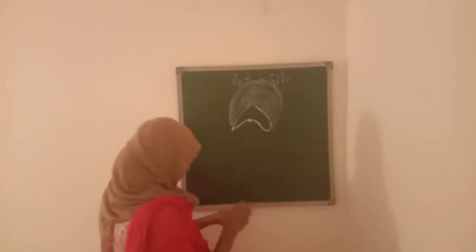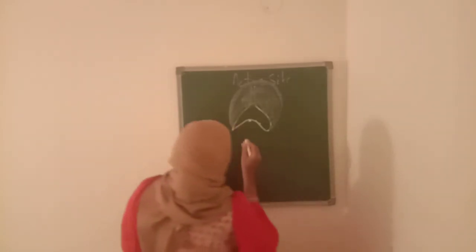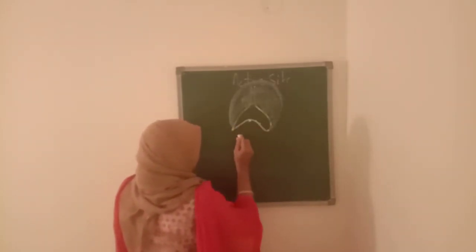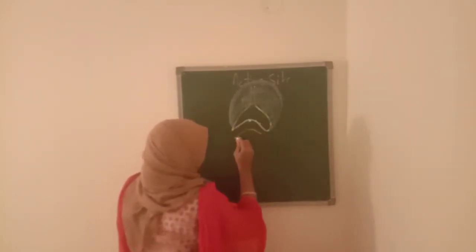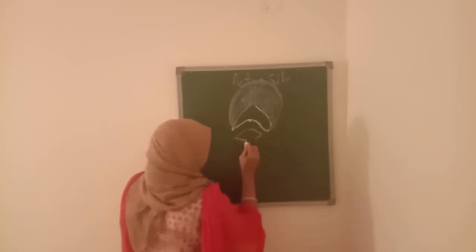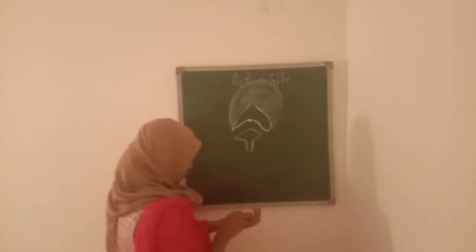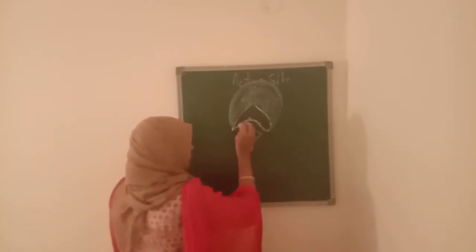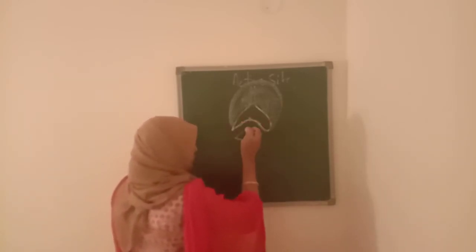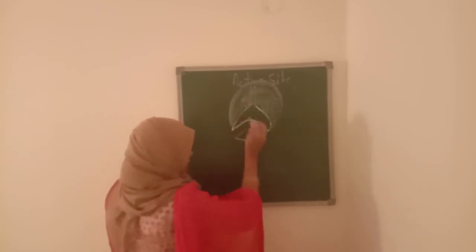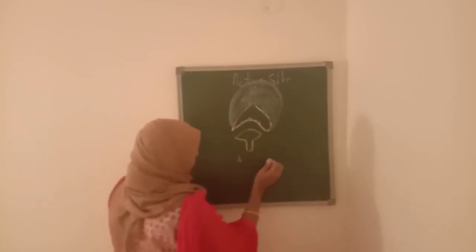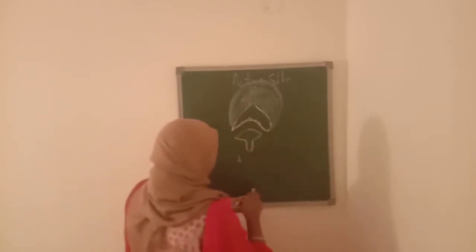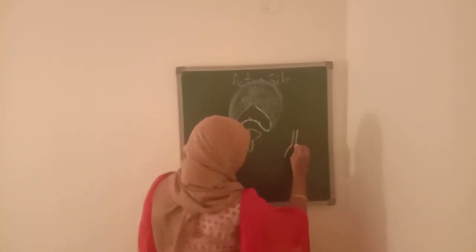Once the substrate comes and binds, say for example this is the substrate, what happens here is that it has the binding region. So it has some binding regions over here, and this substrate will come and bind over here. For example, I will take only that portion of the active site.